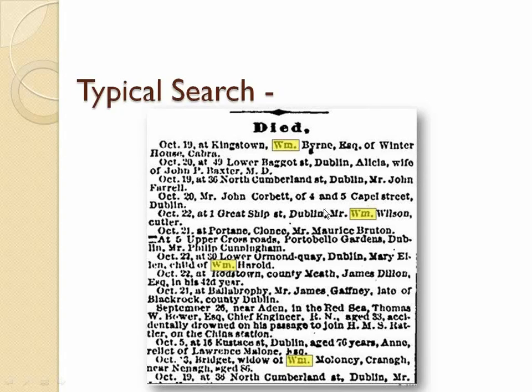So that's a key thing you want to search for. And if you're looking for a name and you're not finding it, you're saying, gee, I'm reasonably certain there should be an obituary. If the name is William, put in WM. See if that gives you a different set of search results that gets you closer to your target. But it's so common, and I just wanted to point that out.